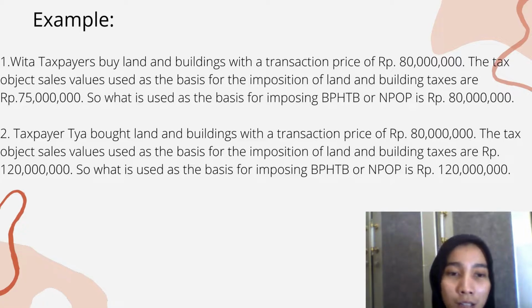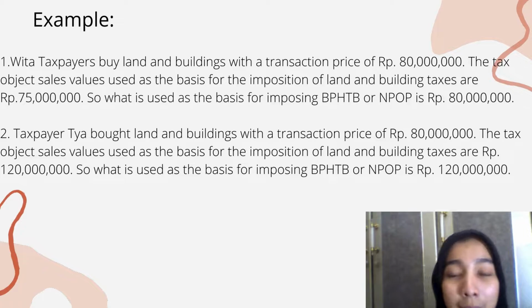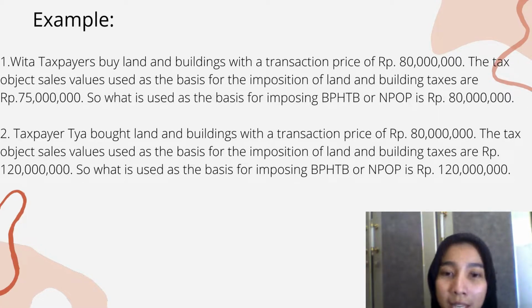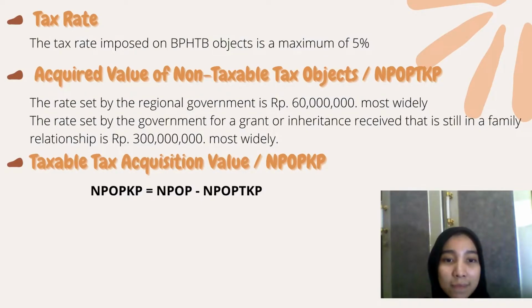And number two: if the transaction price is lower than the tax object sale value, we determine that NPOP is the value from the tax object sale value.